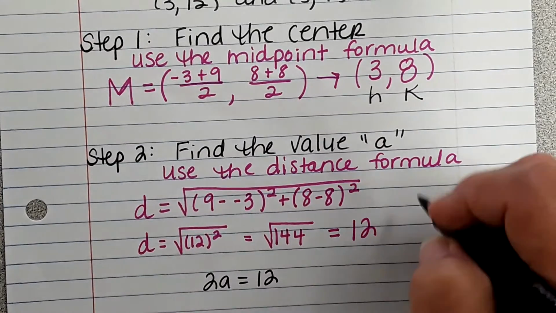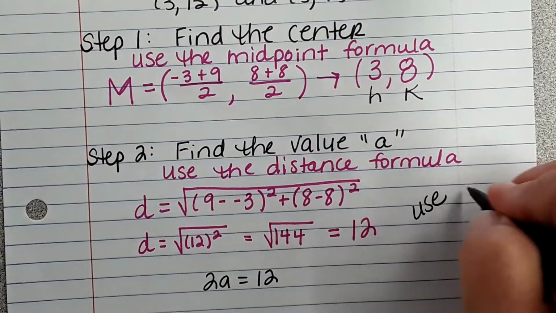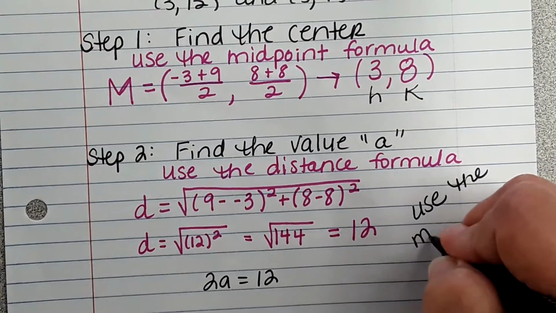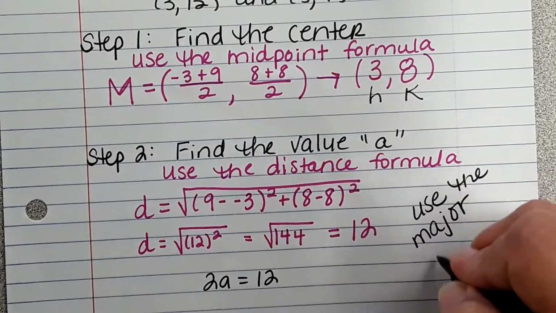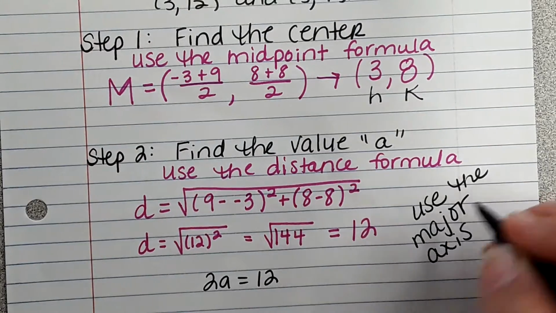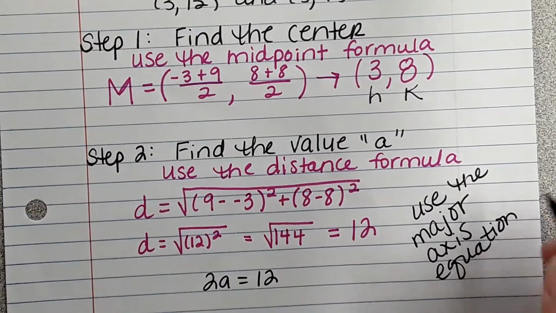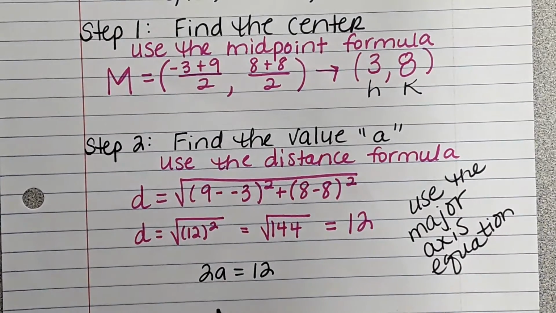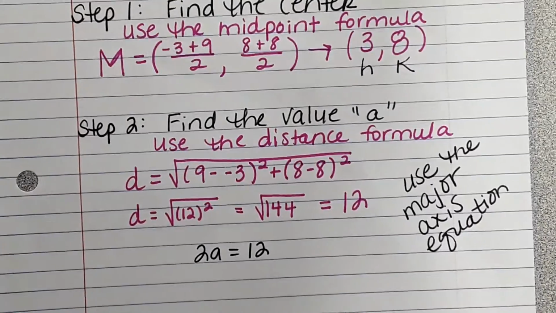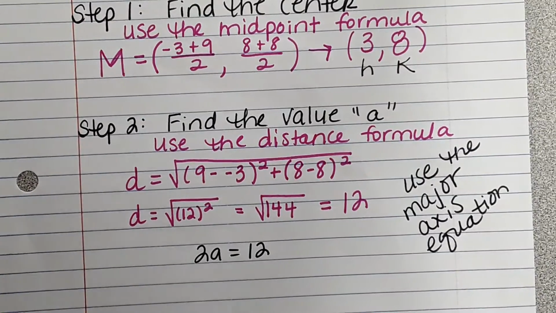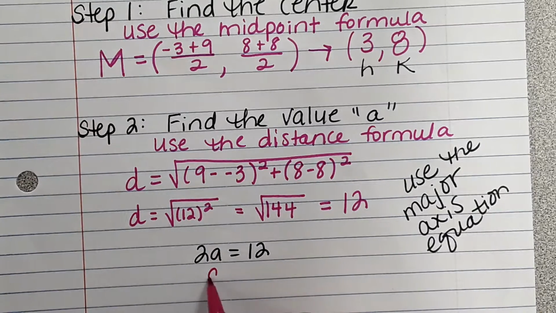So again, let's just write a note that we're using the major axis equation, so you know where that came from. 2a, we wrote it down yesterday. And now, how do we solve for a, you guys? Divide by 2, so a equals 6. 12 divided by 2 is 6.